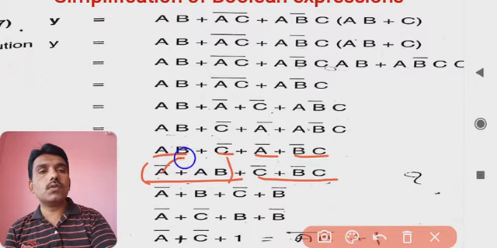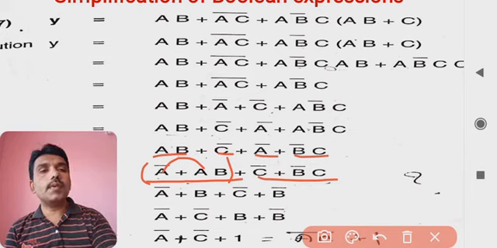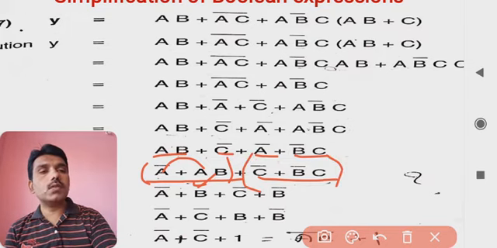A's complement is A double complement, and the complement of the complement is the original value. So in this case I can write the expression as A complement or B, and here the same, C complement or B complement C. For this case also I can write C complement or B complement.